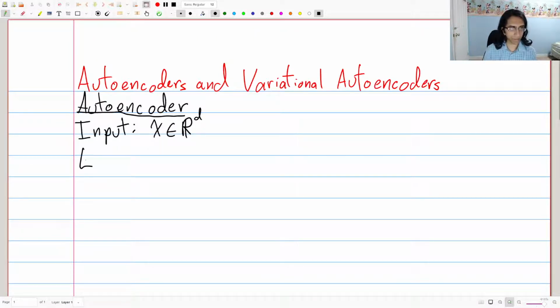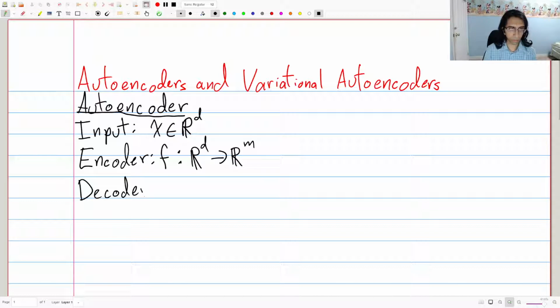Then we're going to have what's known as an encoder, which is a function which maps from R^d to some other dimension, R^m. We're going to have a decoder, which maps from R^m to R^d.